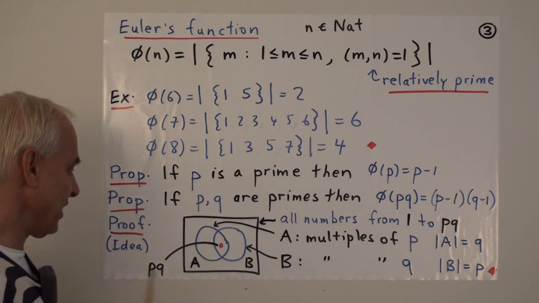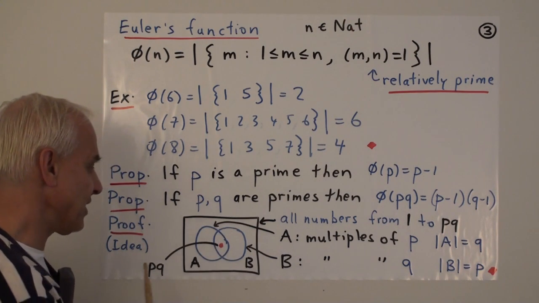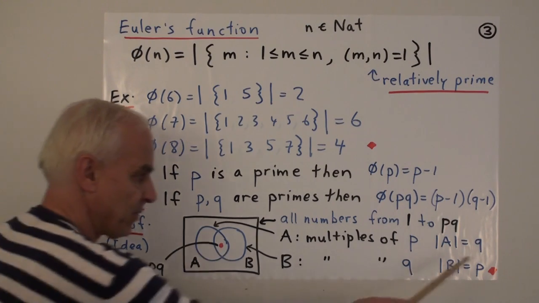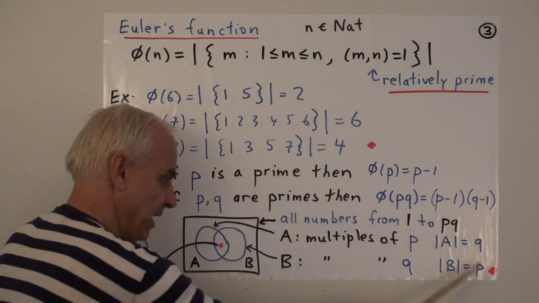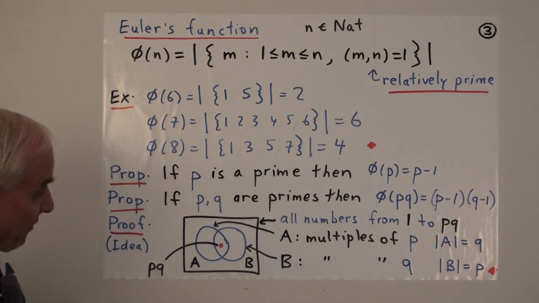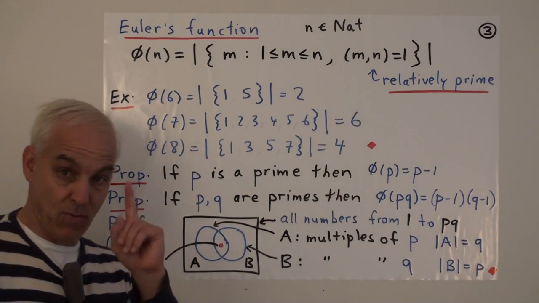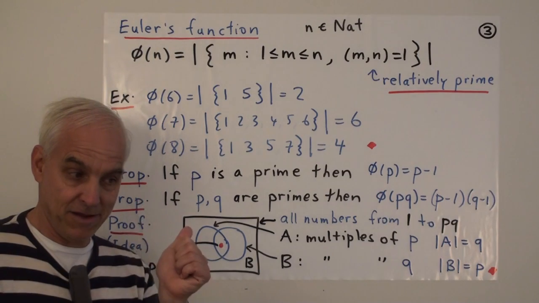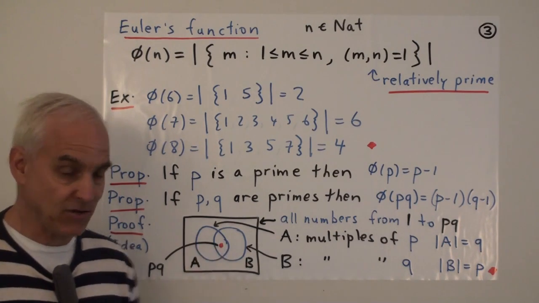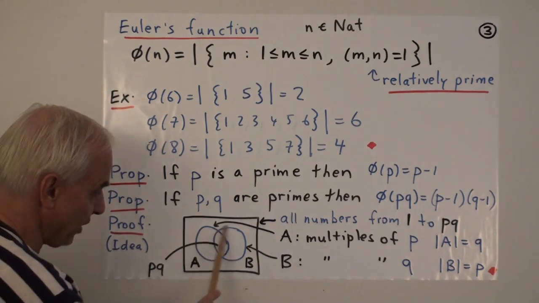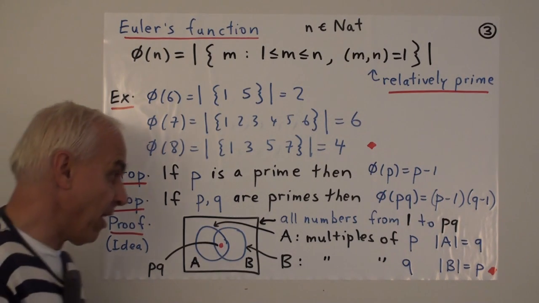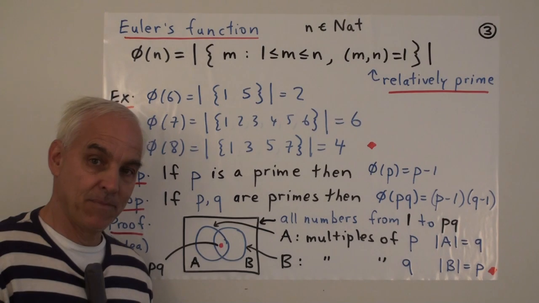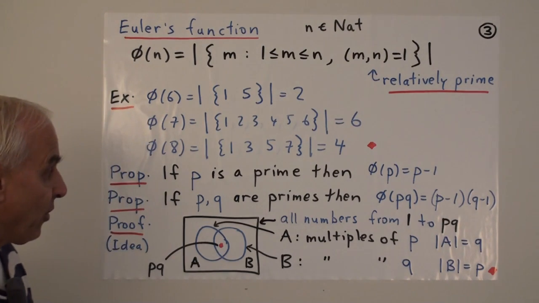It would tell us that the size of that union is the number of elements in A, which is Q, plus the number of elements in B, which is P, minus the number of elements in the intersection, which is just 1. So we would have P plus Q minus 1 is the size of that union. And those are the numbers which are either multiples of P or multiples of Q.